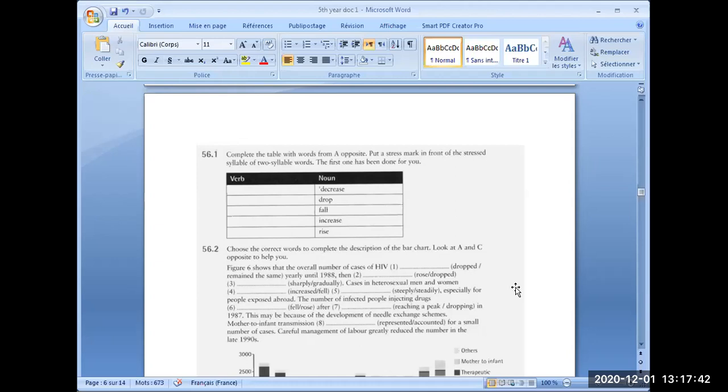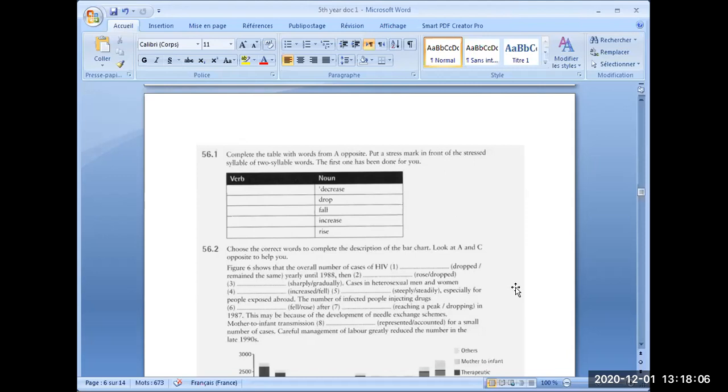Decrease. When it is the verb, you're going to pronounce decrease. And both of them are pronounced with an S, not Z. Sometimes students pronounce decrease with a Z, and this is not correct. Okay, so the noun is a decrease, and the verb is to decrease.